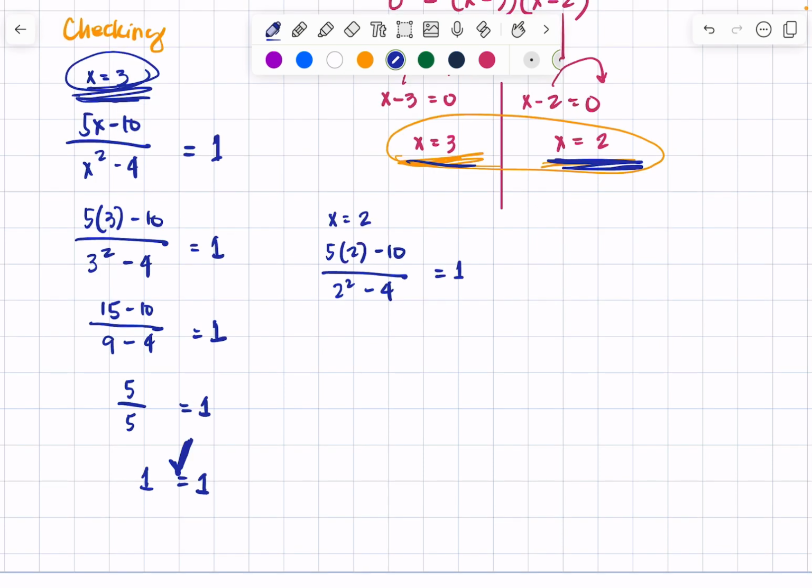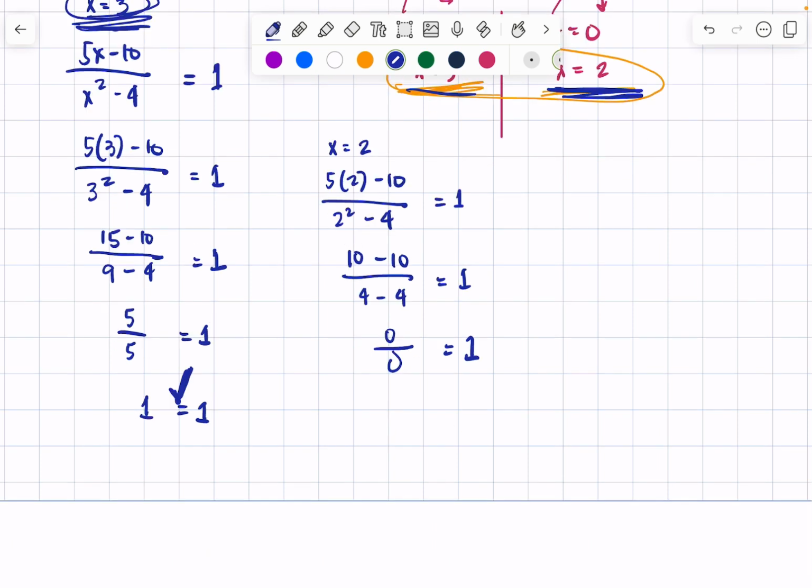Now, 5 times 2, that will be 10 minus 10 over 2 squared, that is 4 minus 4 is equal to 1. Now we have 10 minus 10, that will be 0 over 0 is equal to 1. Now any number divided by 0 will become undefined. Basta, if the denominator is 0, the answer will always be undefined.